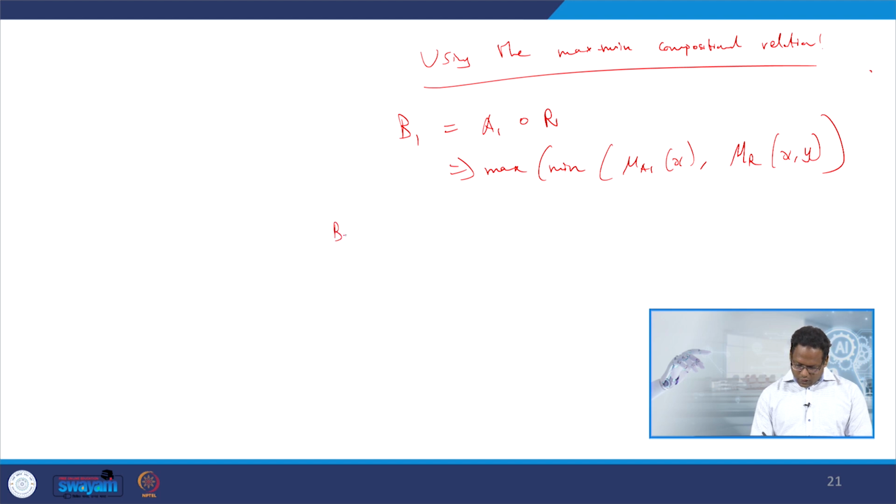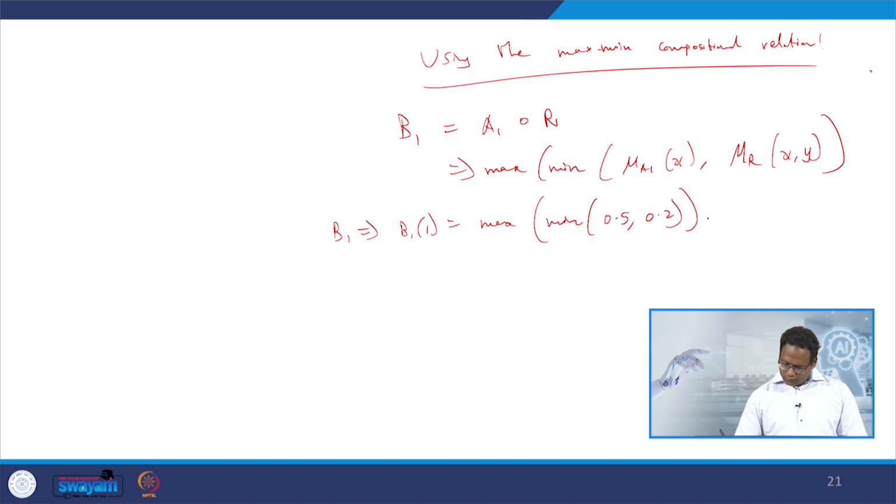So, for the first element of B1, we find the maximum of the minimum of 0.5 comma 0.2, the minimum of 0.5 comma 0.5.